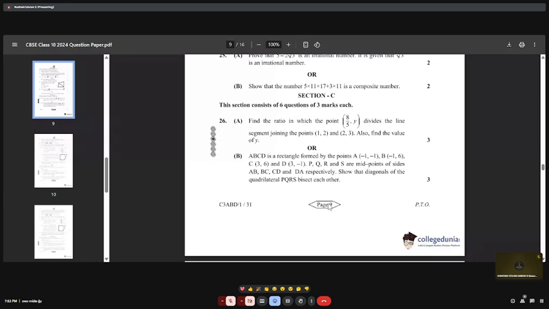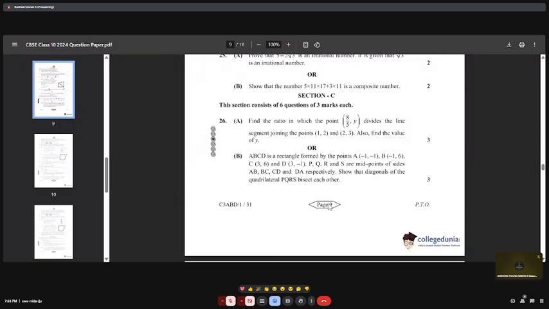Actually, it is basically the distance. This distance is to this distance. Let us say this is C. What is needed is AC is to CB.